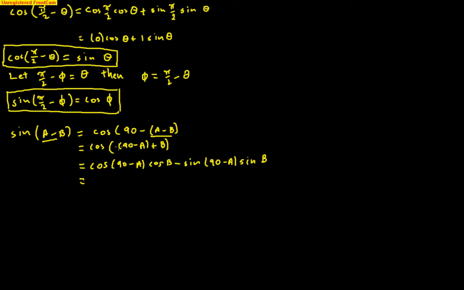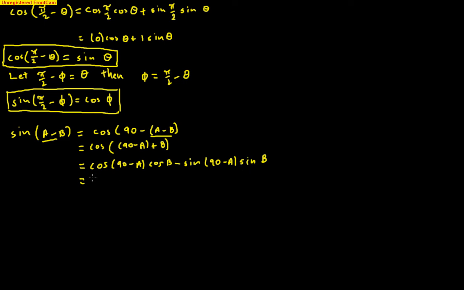And we get 90 take A plus B. I'm going to use 90 take A as one angle and B as the other, and use our sum formula for cos and expand it as cos of our first angle, cos of our second angle, take sine of our first angle, sine of our second angle.